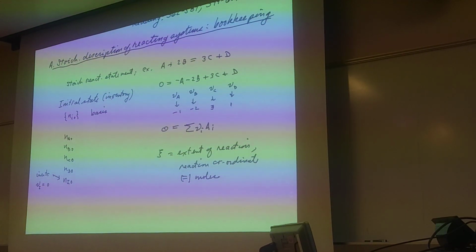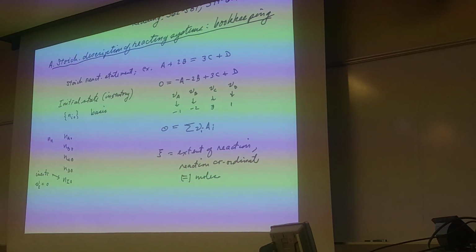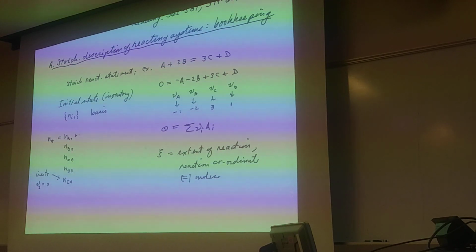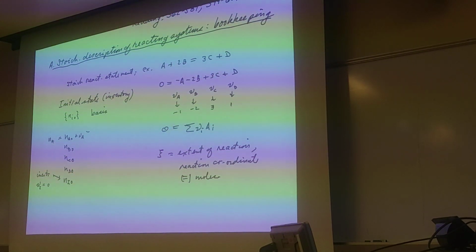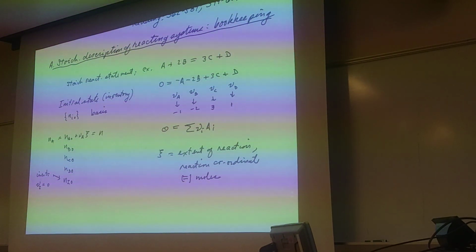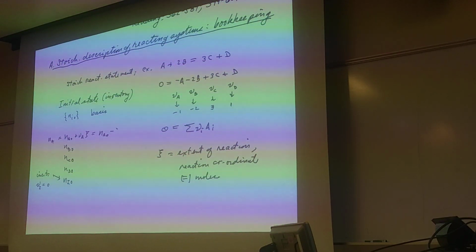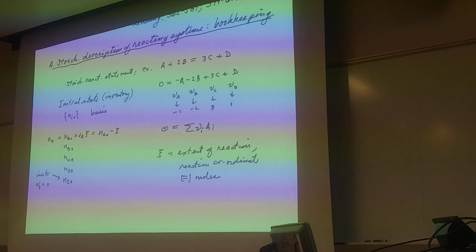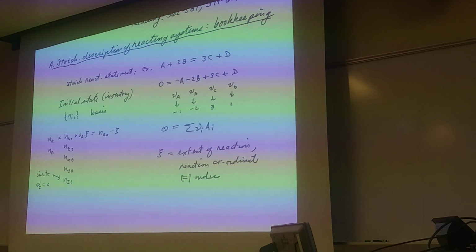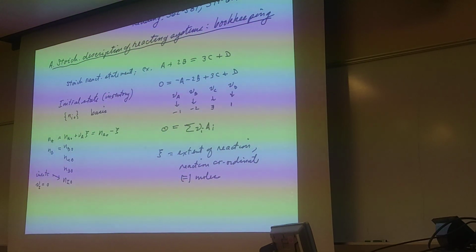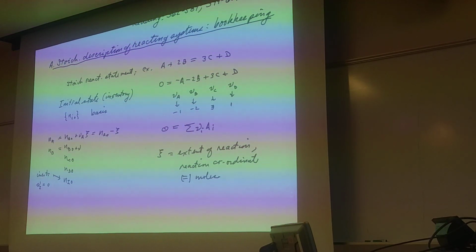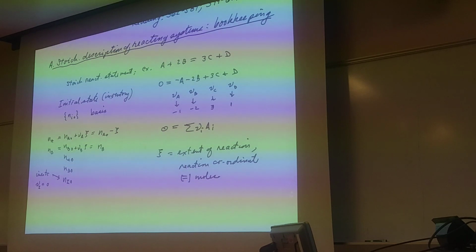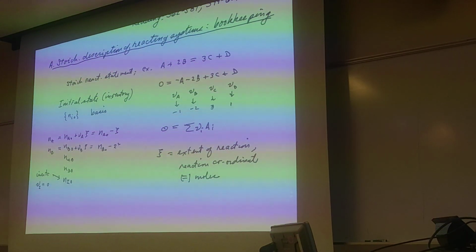So Na here would be equal to Na0, let's write it in general here, plus nu A times xi, or Na0 in this case, minus xi. Nb would be Nb0 plus nu B times xi, which would just be Nb0 minus 2 xi.